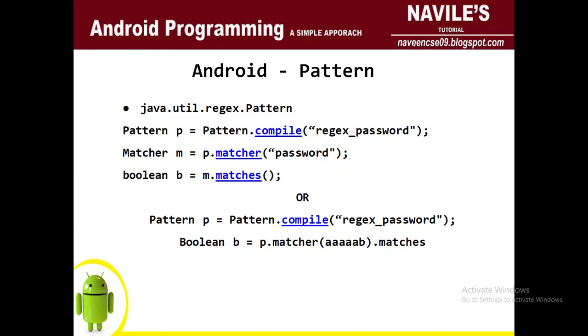Now, making use of the idea of intent and the idea of this pattern, we are going to build an application where we enter the email as well as password, and validate the password according to the rules. If the password matches our condition, we will navigate to the login activity, else we will display the error message.